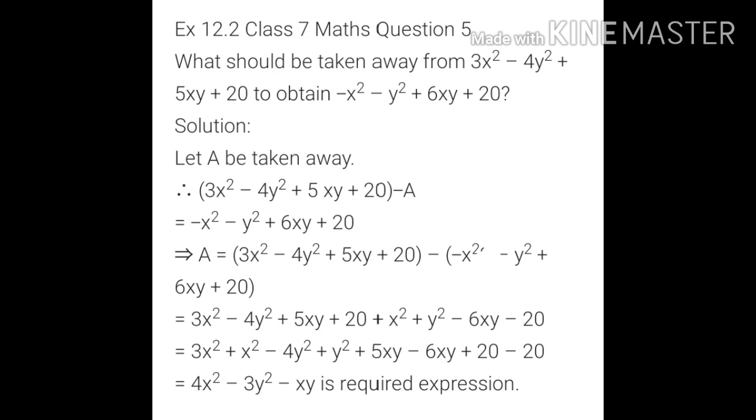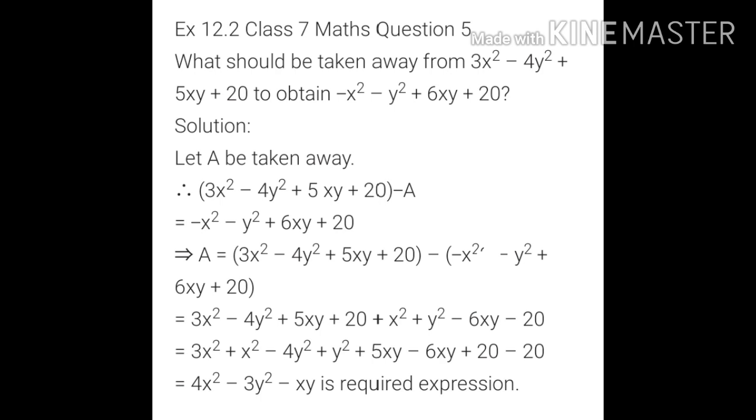A is equal to, the first bracket will be subtracted by the second one. Okay, so 3x square minus 4y square plus 5xy plus 20 plus x square plus y square minus 6xy minus 20. Always remember, children, if the sign of minus is placed before the bracket, all the signs will be changed when the bracket is opened, like you can observe here in the third step.